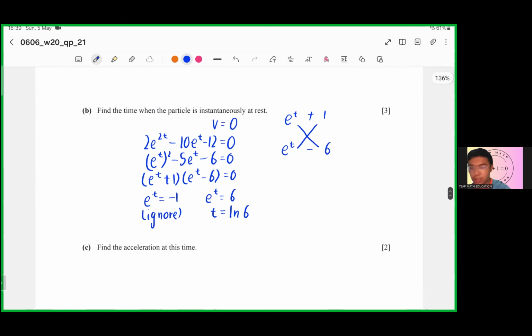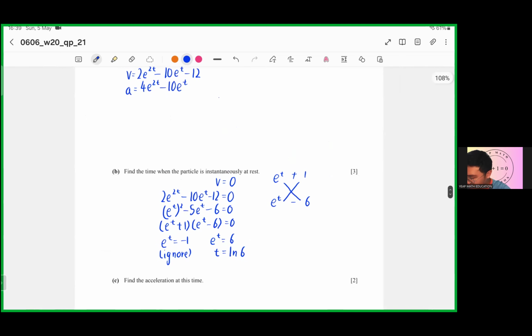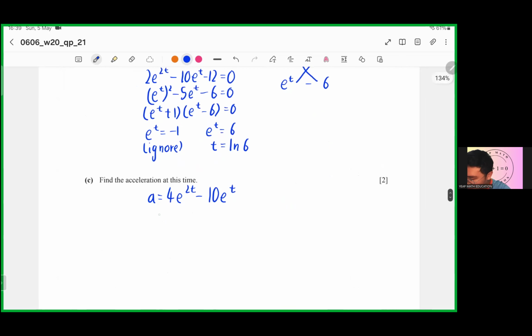Question C. Find the acceleration at this time. So we just take a equals 4e^(2t) minus 10e^t. Now we put in this value: 4e^(ln 36) minus 10e^(ln 6).